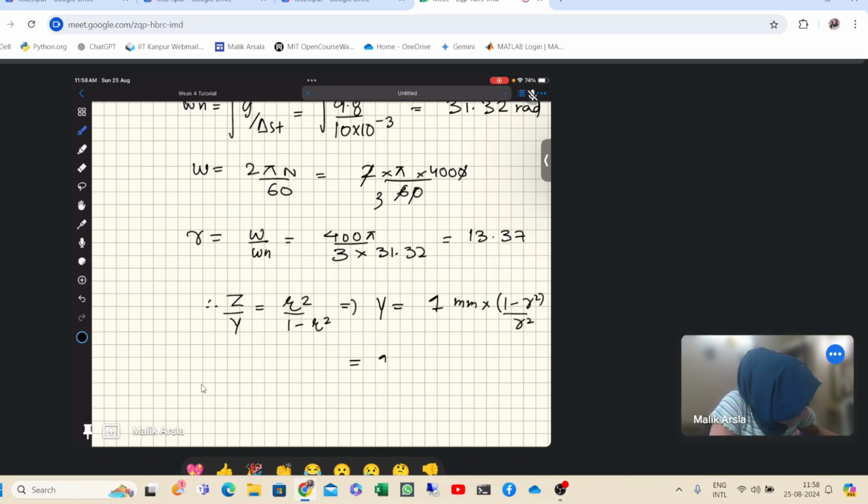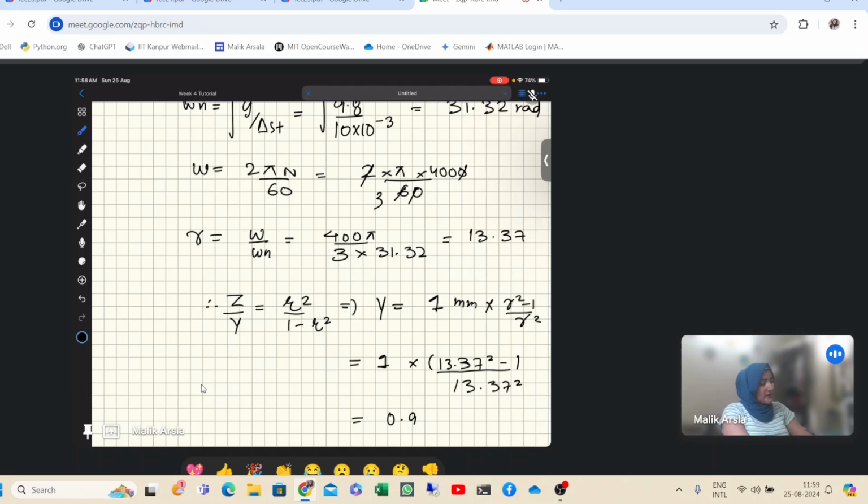So it will be 1 into, basically, R square minus 1. Now you know the logic of how you have to open it every time. So it will be R square minus 1 upon R square. So here also it will be 13.37 square minus 1 upon 13.37 square. Right. Now when you evaluate this, the value of Y comes out to be 0.994.